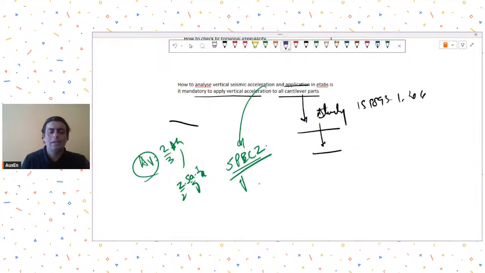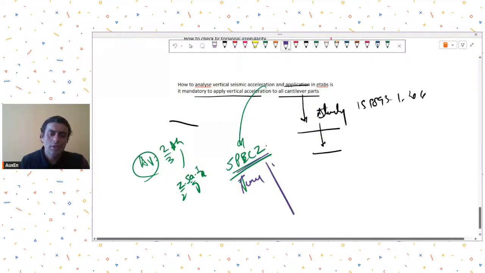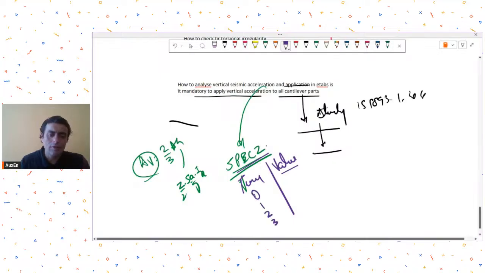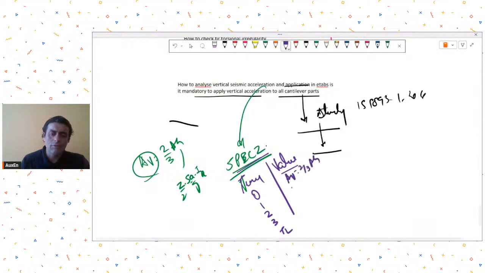Now while assigning this, make a response spectrum function, go to user defined response spectrum function, and give the time period and the value of the acceleration parameter. For any time period from 0 to TL, you go on defining the same AV, as if we are defining a constant AV irrespective of the time period.